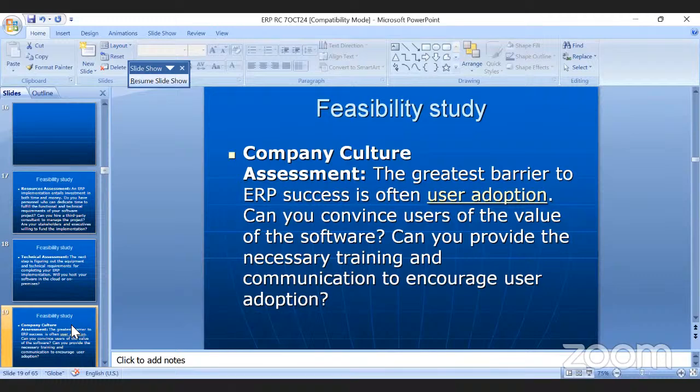Maybe the uniform which they set up, or when Ola and Uber were introduced, all auto rickshaws went on strike. Now all autos have been converted into Ola Ubers. They all run with Ola Uber now. See, this is how users have adopted the new technology.